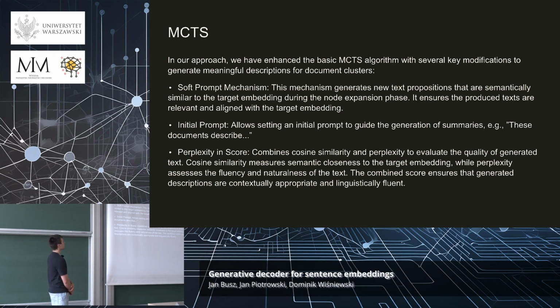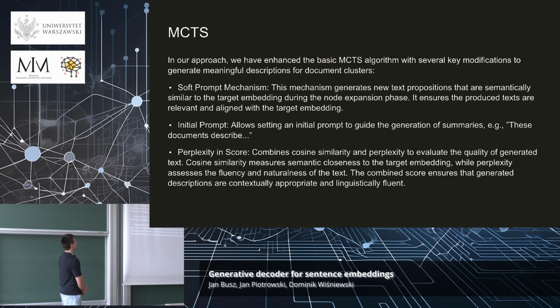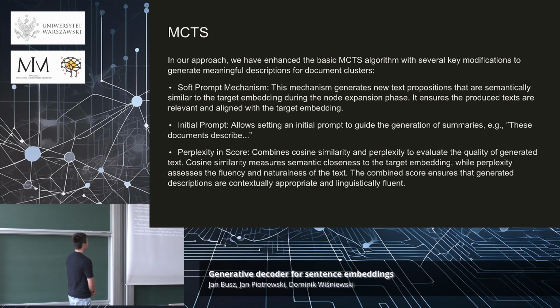The last thing that we did is that we used a soft prompt mechanism. So what does it mean? Soft prompting is a technique that allows us to find the most semantically similar continuations of a given text.